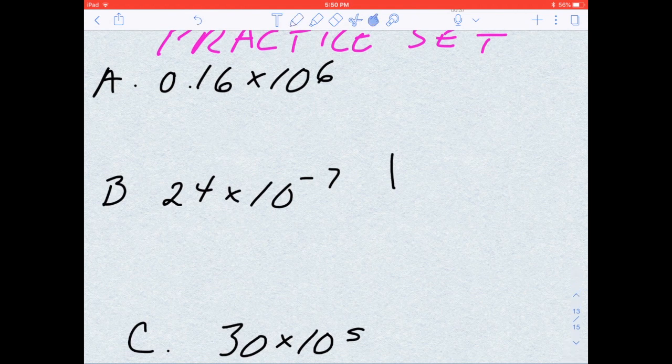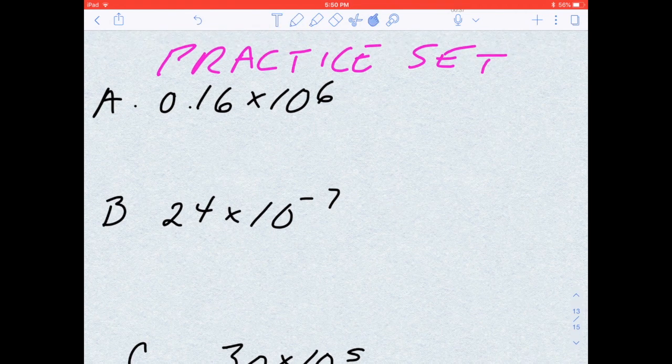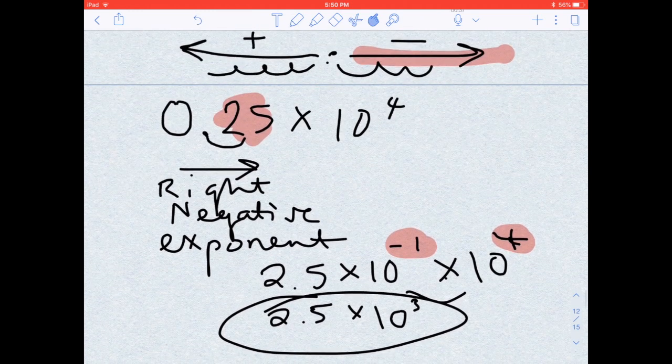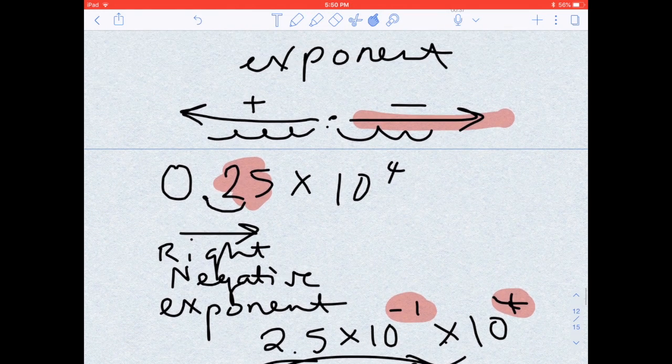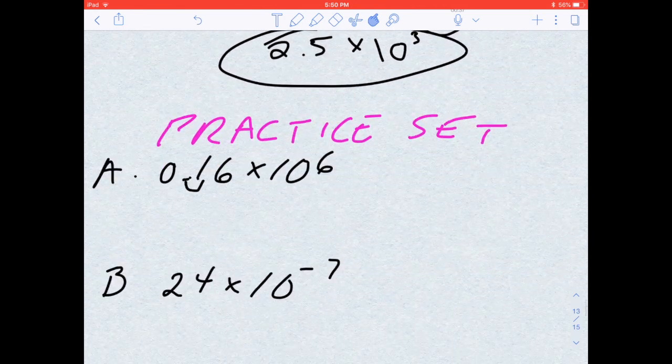All right, let's go ahead and do the practice set. On the practice set, I'm going to move this decimal one space to the right. And remember, we talked about earlier, if I move my decimal to the right, my exponent becomes negative.